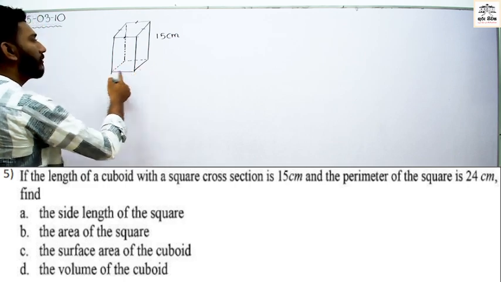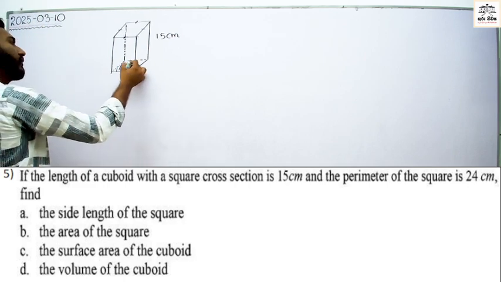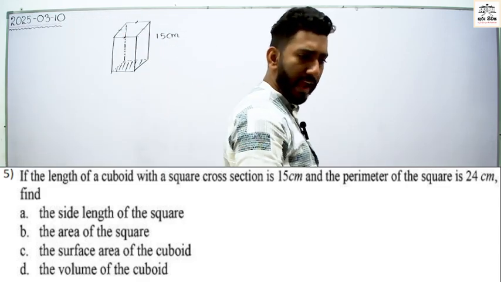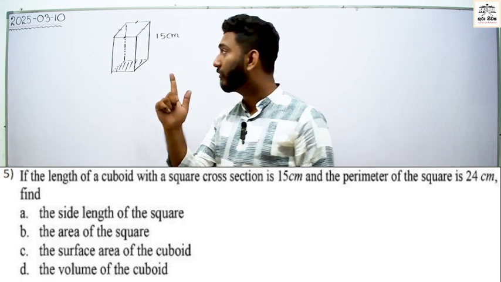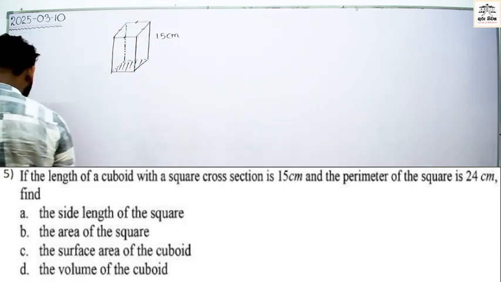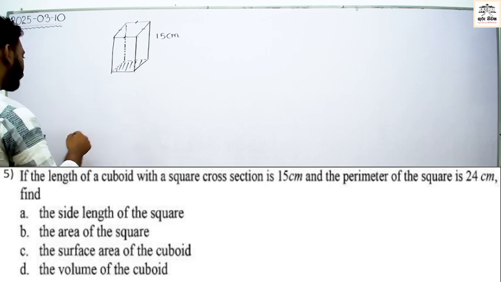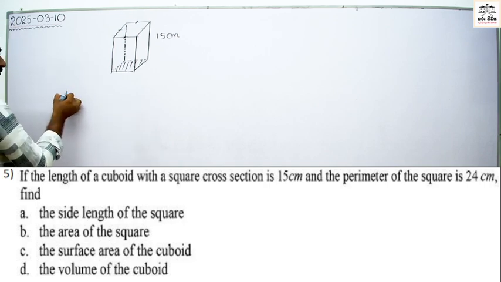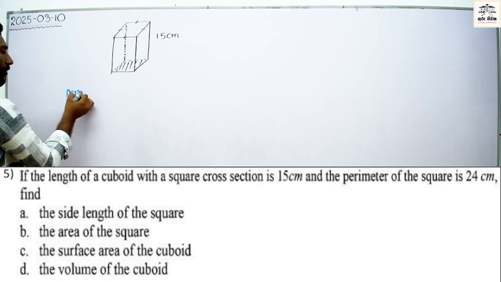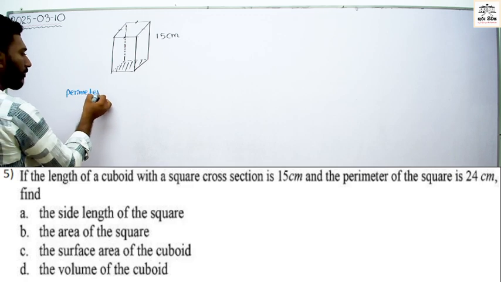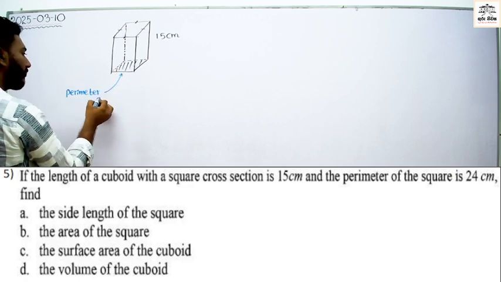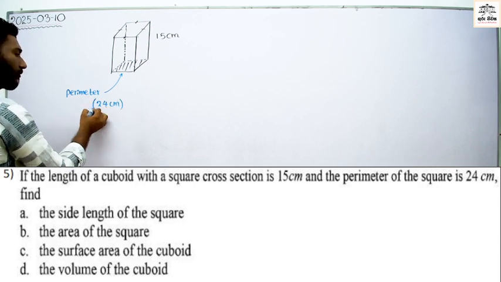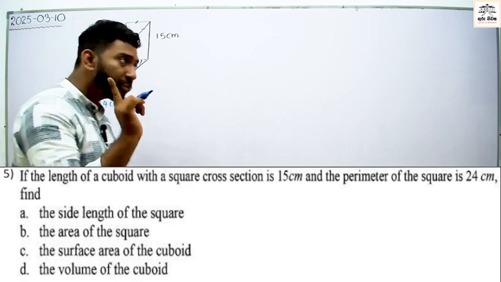And the square base. And the perimeter of the square is 24. Perimeter of a square base is 24.